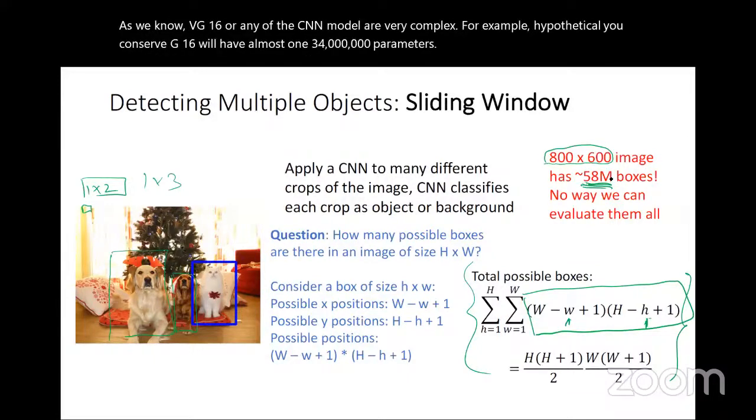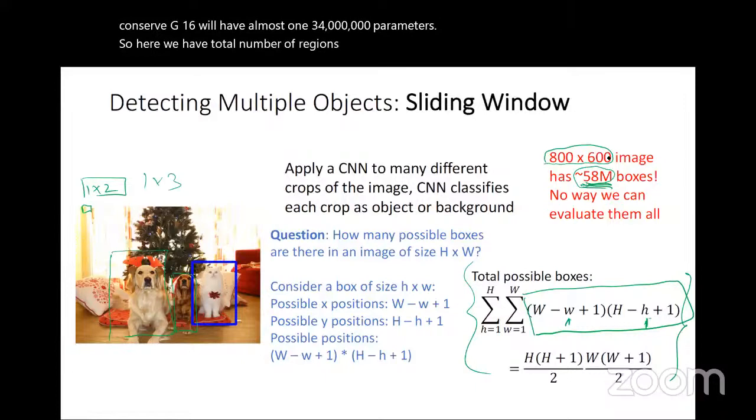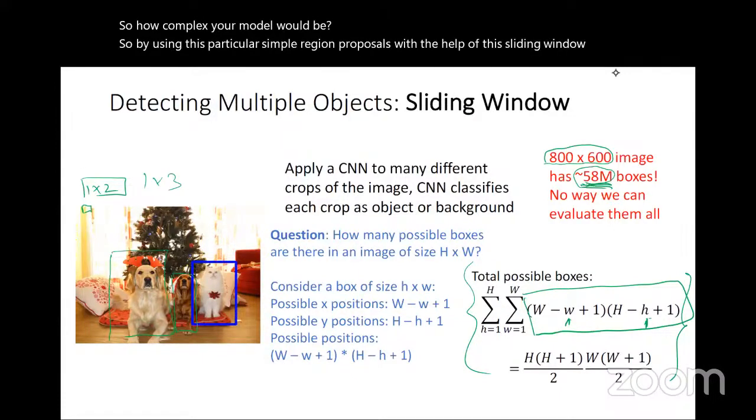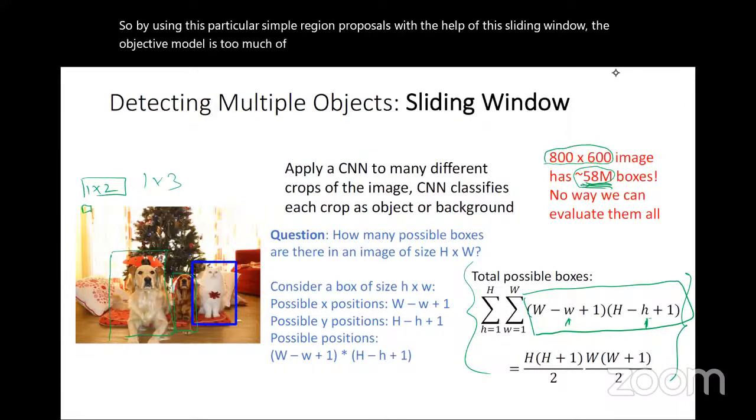So here we have a total number of 58 million regions. So how complex would your model be? By using these simple region proposals with the help of the sliding window, the object detector model is too complex. So we need some alternative solutions to handle this.